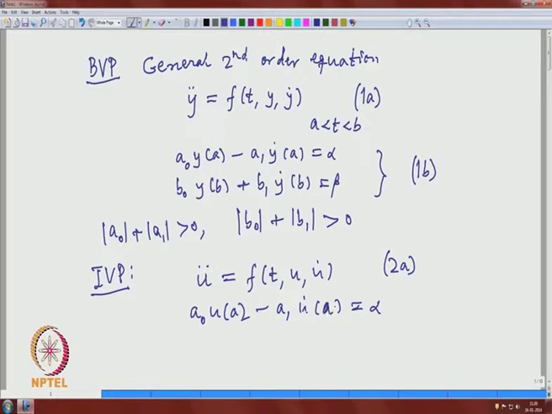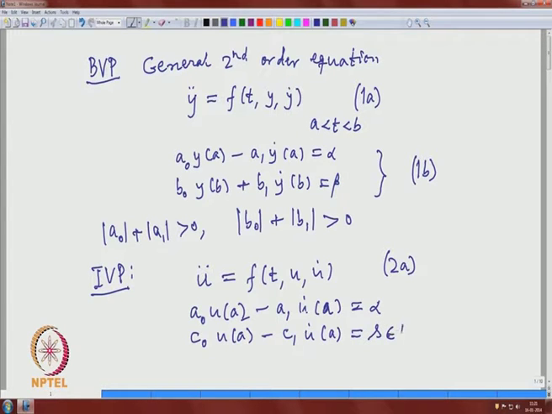So, there is no change in the first condition. Since it is a second order equation, we want to impose one more initial condition, and we want it to be independent of the first one. So, this is c0 u(a) minus c1 u dot(a) equal to s.